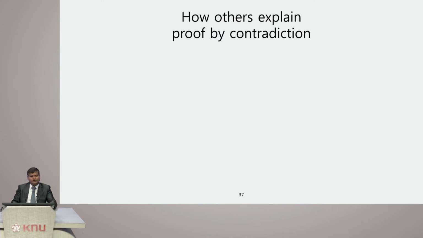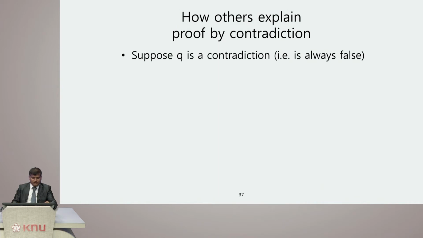Let us see how others explain proof by contradiction, because there are many mathematicians still working on these basic logical proofs. Suppose Q is a contradiction, which is always false.